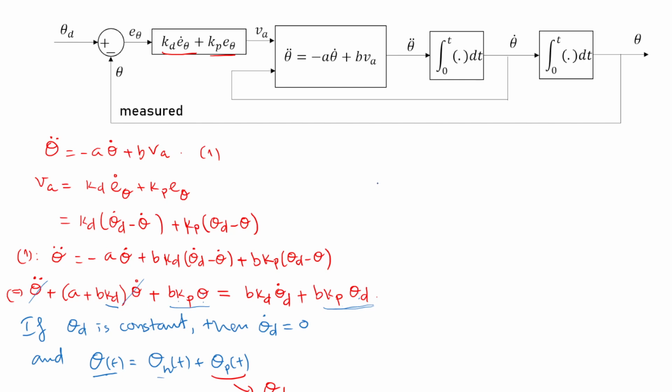And the question again is whether this controller is robust to disturbance or not. Again, let's say we have disturbance here, on the right hand side.